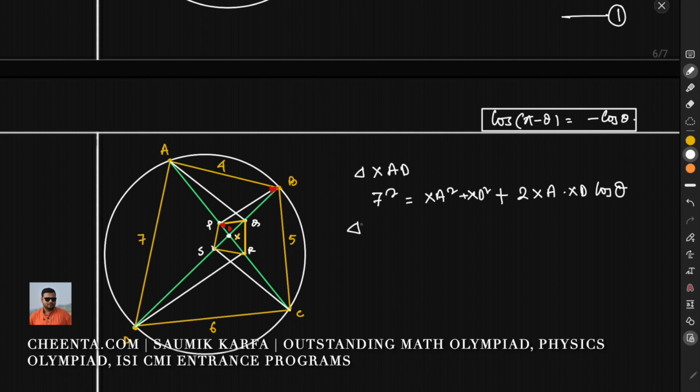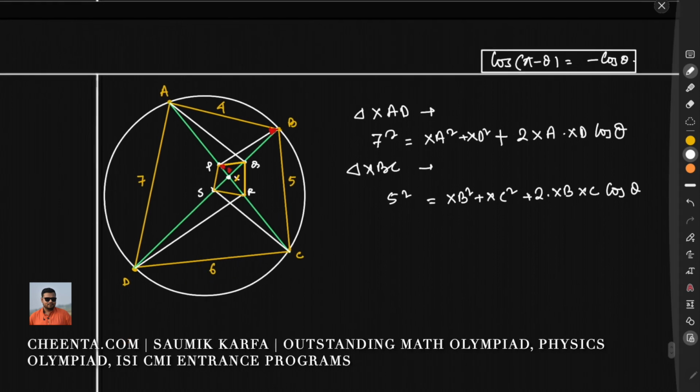Similarly, from the other triangle, XBC, we get 5 square equals XB square plus XC square plus twice of XB times XC cosine of theta. That will be plus because the angle was again pi minus theta.